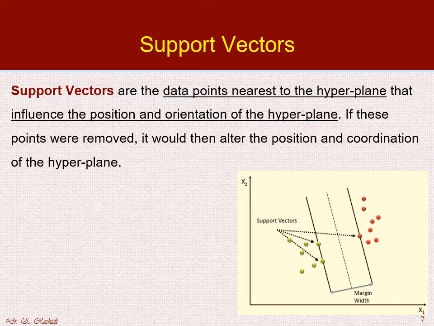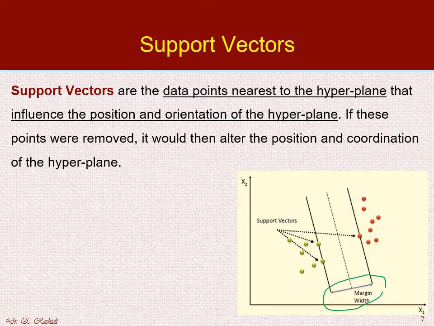So support vectors are those data points that help us to define and identify the best hyperplane, which gives us the maximum margin. You see here the maximum margin, the margin width between the hyperplane and these two classes. So this is doable because of the support vectors.